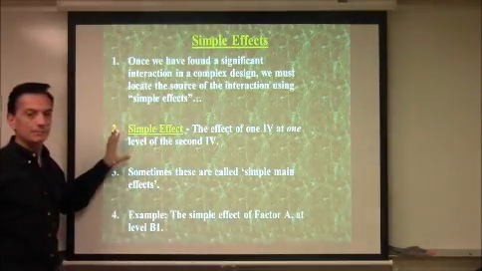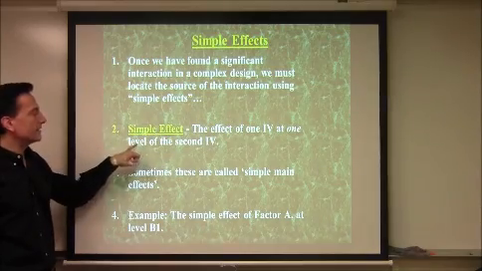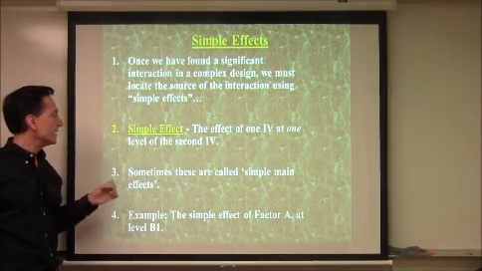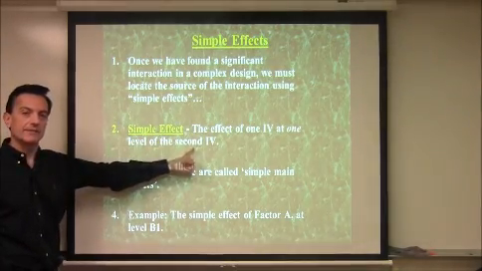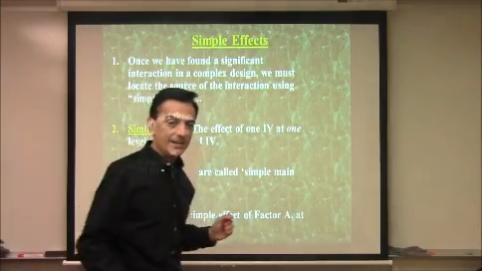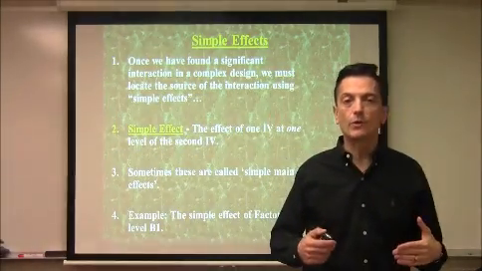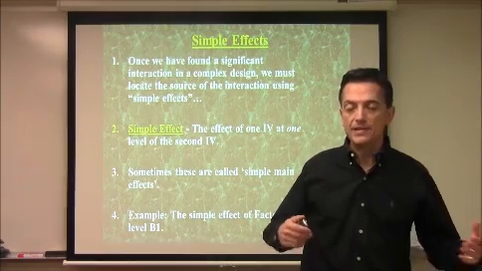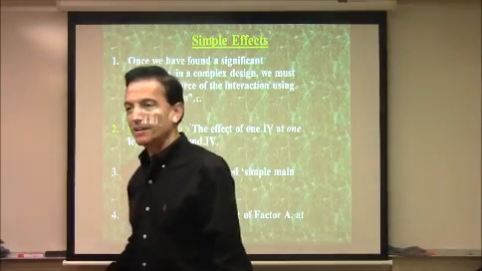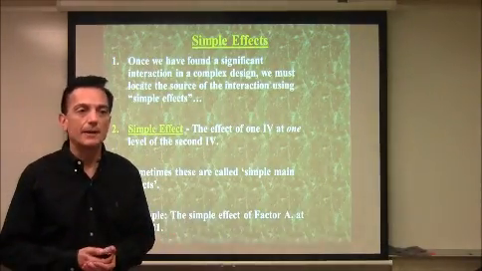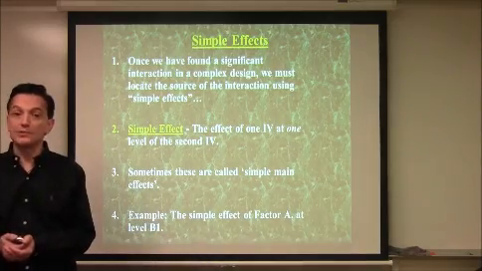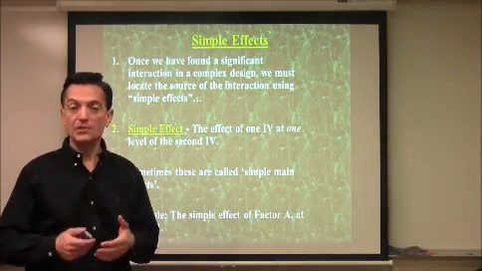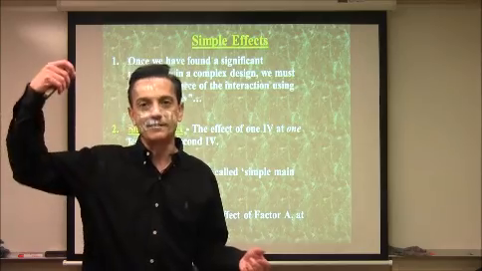Let's see if we can define a simple effect. We might say that a simple effect is the effect of one IV at one level of the second IV. So just for absolute clarity, in a complex design, we have more than one independent variable. If you take a subsequent course in psychology and psychological statistics, you might get to something called a multivariate test. And in a multivariate test, we have more than one dependent variable.